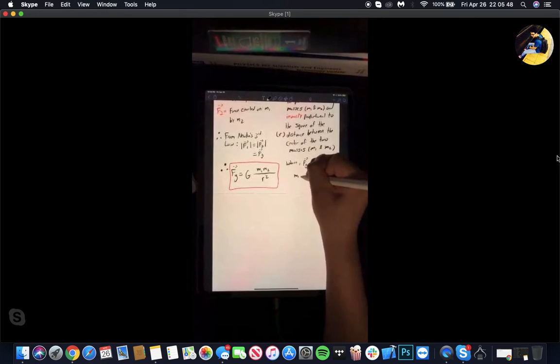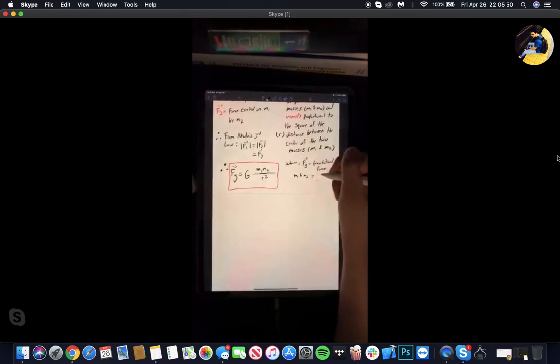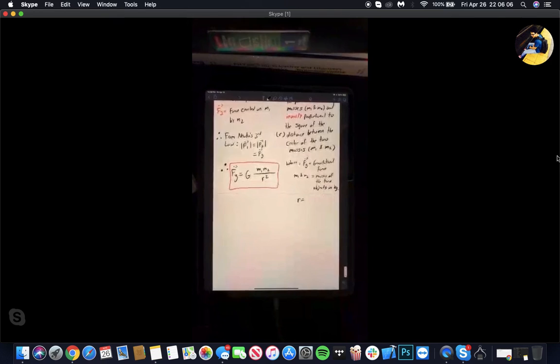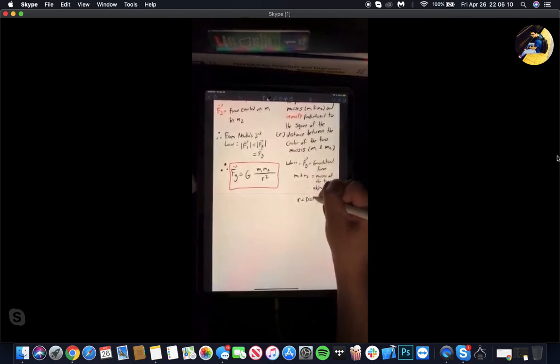M1 and M2 are the masses of the two objects, in kilograms. No more pounds. R is the distance between the centers of the two masses.